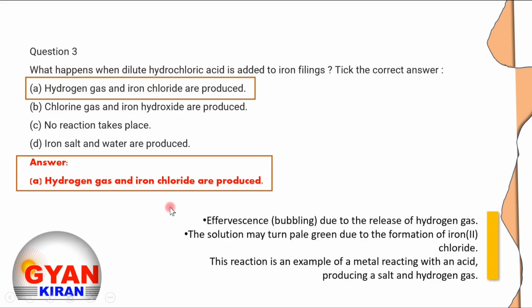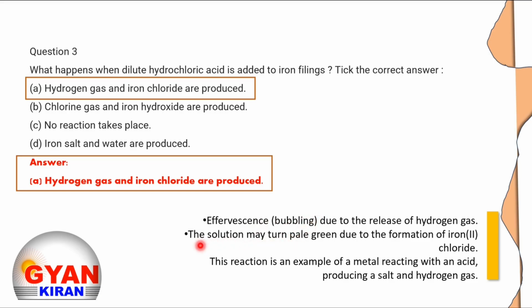Let us consider what actually happens in this reaction. When dilute hydrochloric acid reacts with the iron filings, many changes occur. First, hydrogen is released. Because of this, bubbles are produced. Effervescence or bubbling takes place.